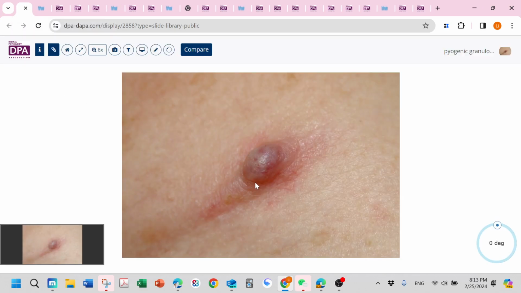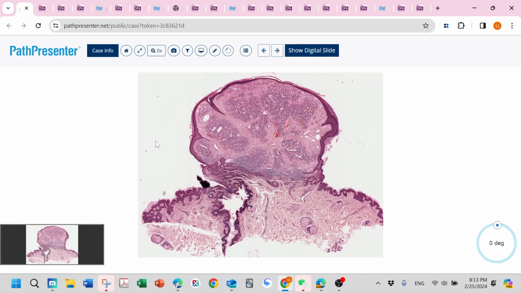This is another sample, this vascular nodule. The microscopic feature: if you call this pyogenic granuloma, you may not remember what it is, but if you call it lobular capillary hemangioma, you can see all of these features.